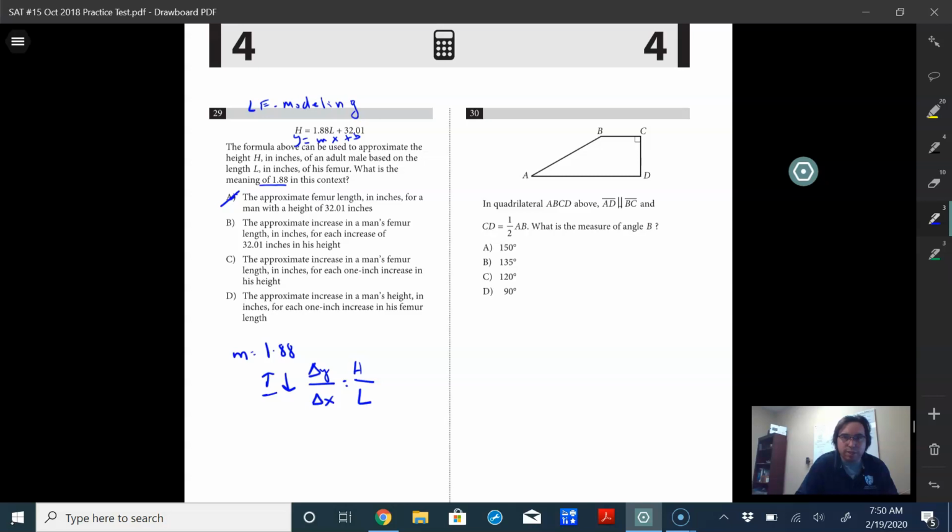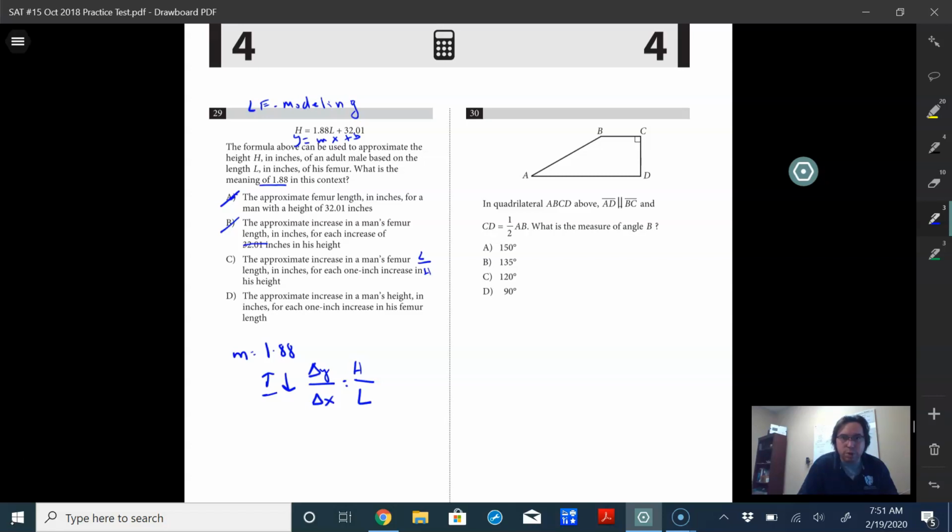Well, femur length, that's associated with the L here. So for each increase of 32.0 inches, and that's not even related because 32.01, that's the y-intercept. So that's definitely not it. So let's read C. It says the approximate increase in a man's femur length in inches for each 1 inch increase in his height. Well, that's saying there that you have the length over the height, and so that doesn't necessarily seem appropriate.